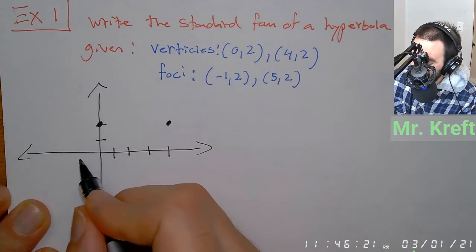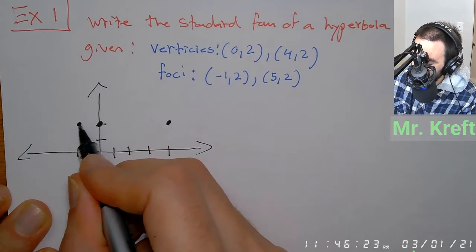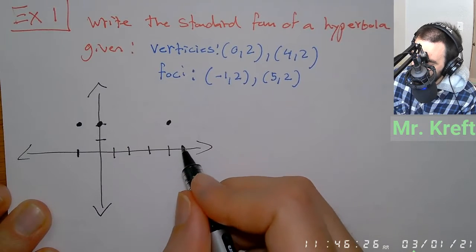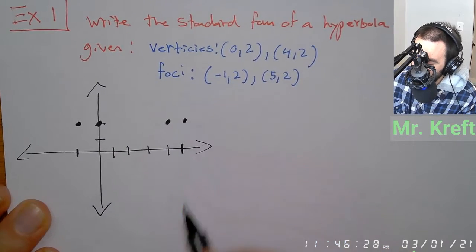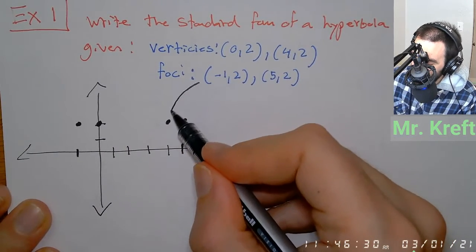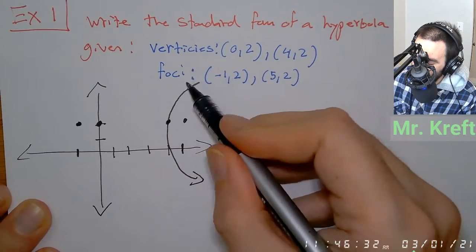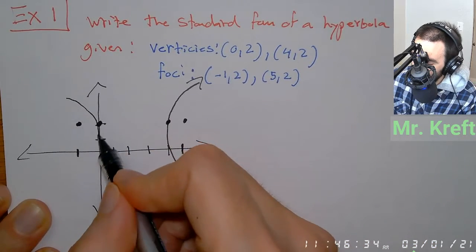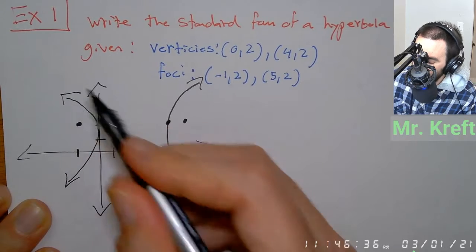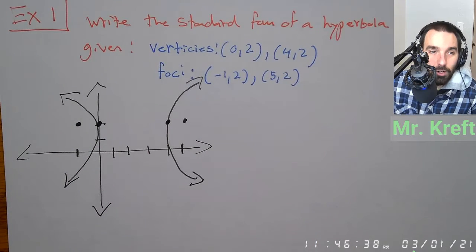And then my foci are at (-1, 2) and (5, 2). So I know that's my major axis, and it's going to open like this. Terrible graph, but I don't care.